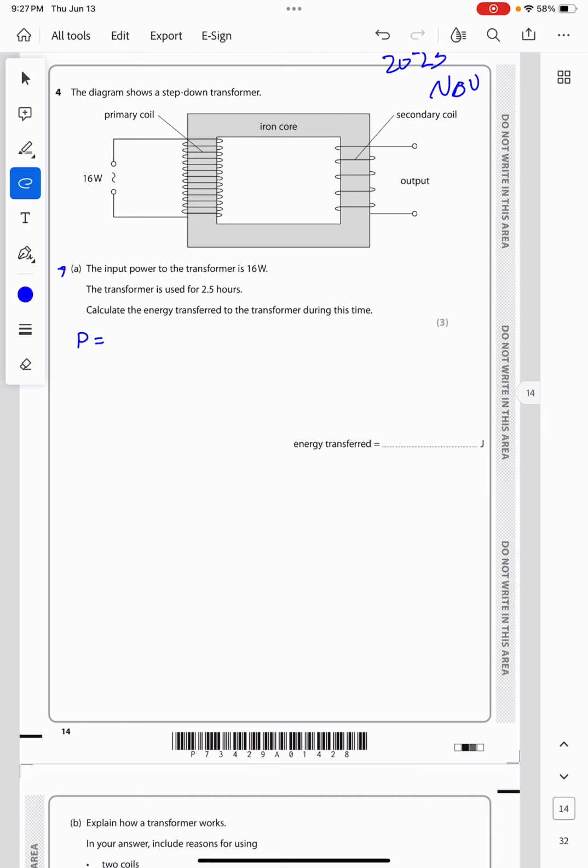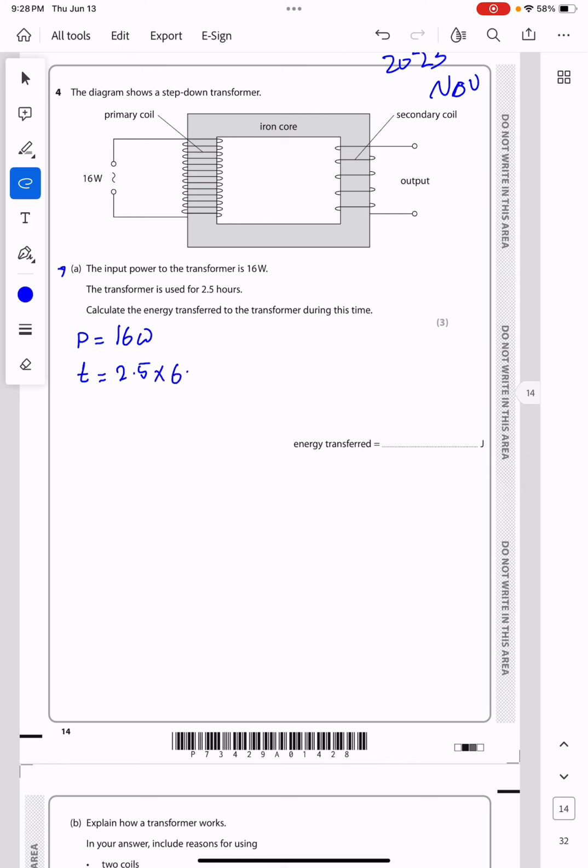So P is equal to 16 watts. Since it's watts, I don't have to transfer it to anything. Then we have the transformer used for 2.5 hours, so we have time, 2.5 hours. We will have to transfer this into seconds.